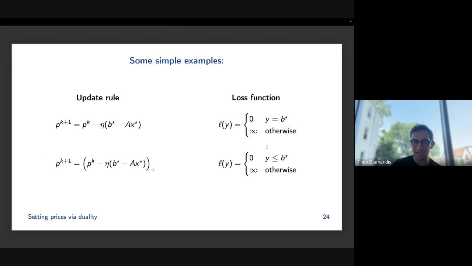Interestingly, if we take y less than or equal to b star as our zero loss, so we don't care if we're underutilizing resources, we get the same thing, except these prices have to be non-negative. So this operator here just means that we're taking the non-negative part of this vector. If anything's negative, we're zeroing it out.